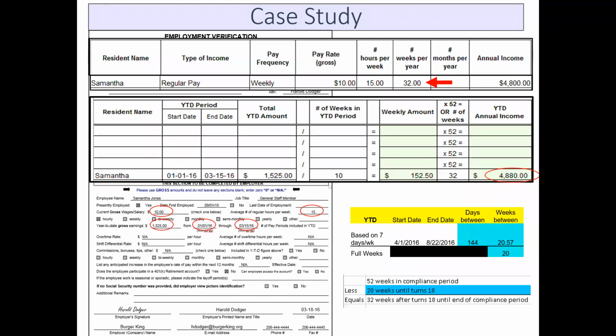So if you had those two things, verification that Samantha's a full-time student and verification that she's a dependent in the household, then instead of counting this $4,880, you could only count $480 of Samantha's income based on her being a full-time student and a dependent in the household.